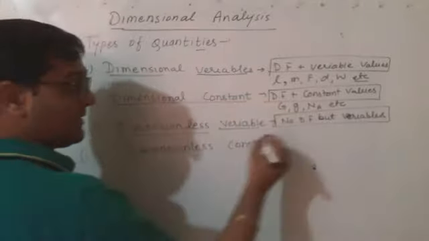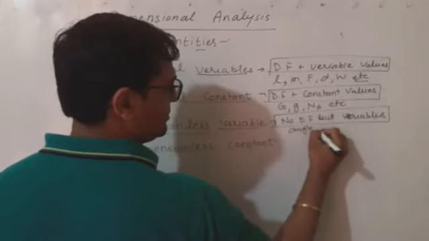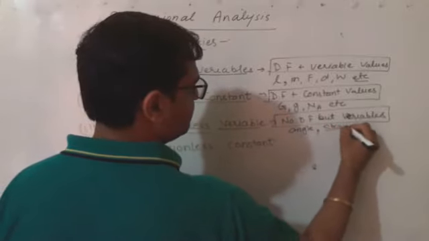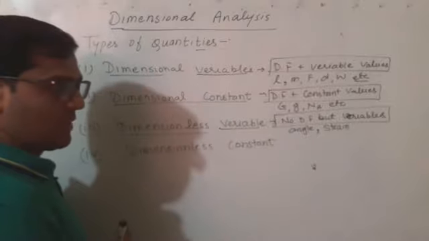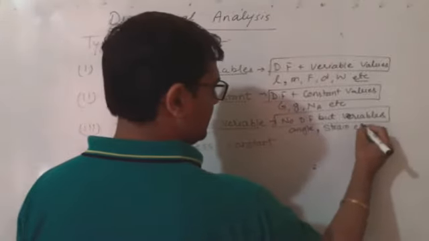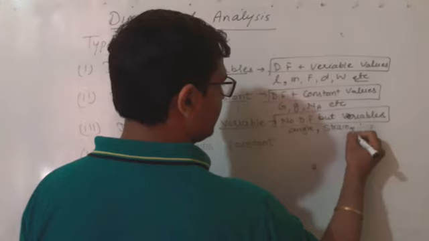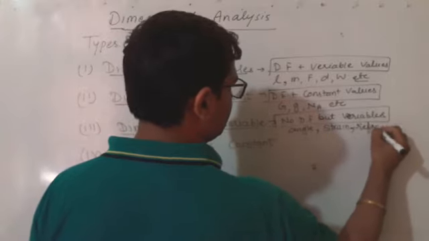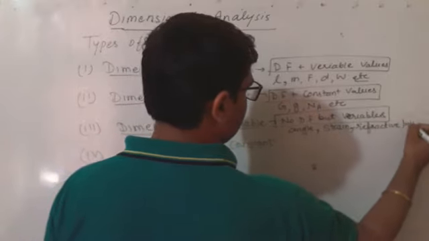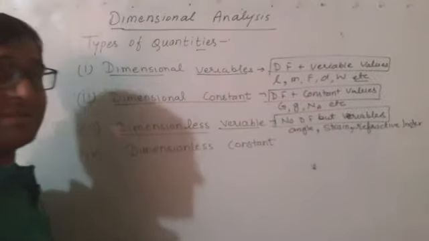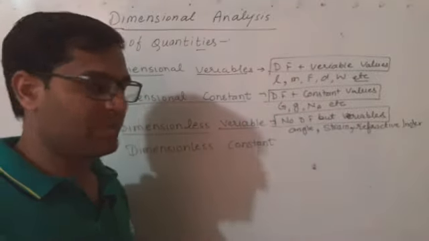So for this we have angle, strain, or you can take refractive index, because these are the ratios of the same quantities.